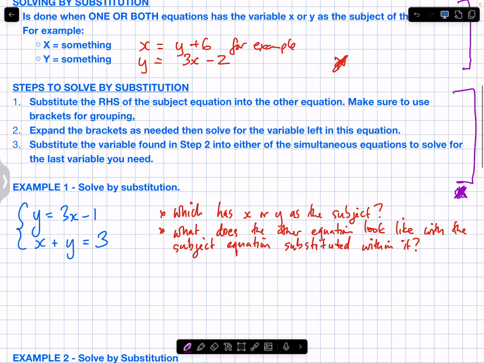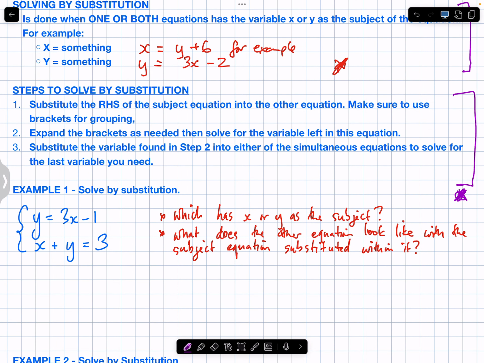You'll still see those steps here, but we'll get started on actually solving it. We want to solve these simultaneous equations here. y is equal to 3x take 1 and x plus y is equal to 3. I want to solve them by substitution.